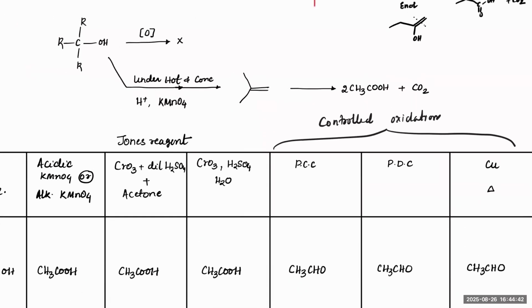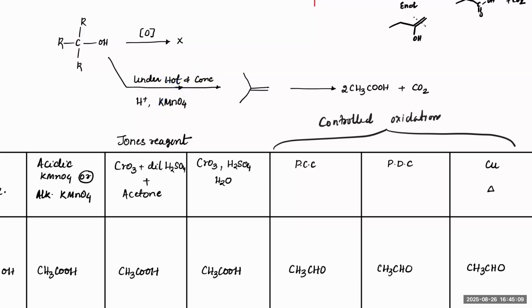Next, if you have a tertiary alcohol, then you will not see any oxidation happening because there is no hydrogen to remove. But again, under extremely rigorous conditions, the entire carbon-carbon bond could break, convert into an alkene, and thereafter it will convert into acids. But this is very rarely observed, so don't worry about it.